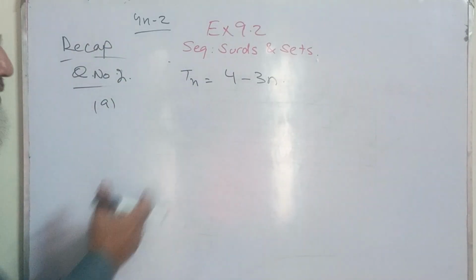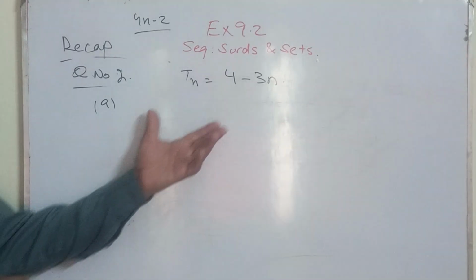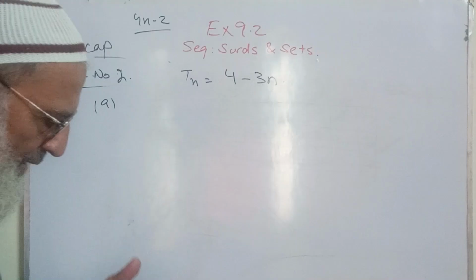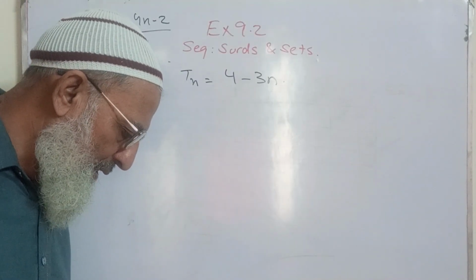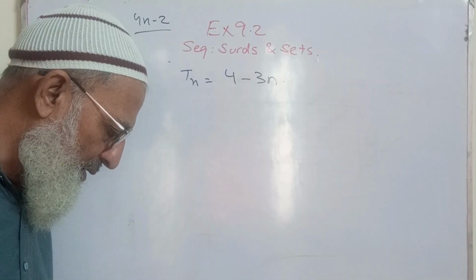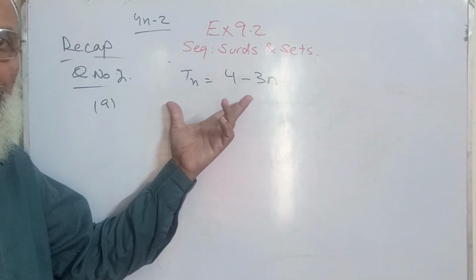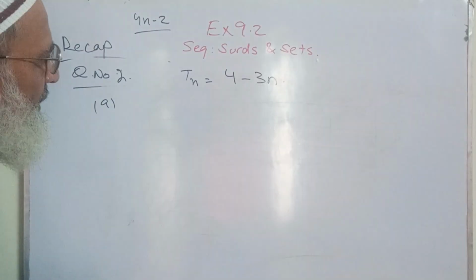Now this is almost the same. This formula is given, and we have to find the first three terms and the 20th term of the pattern given the following rule. This is the rule given to you.